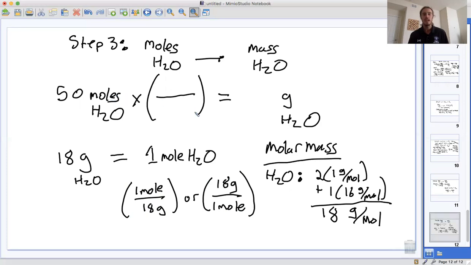So moles have to cancel. So I'm going to need to have moles of water on the bottom, and then grams of water on the top, right? So I'm going to use this conversion factor, 18 grams over 1 mole. All right, so that's going to be 50 times 18. That's 900 grams.